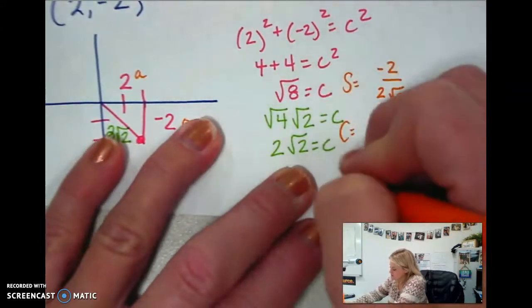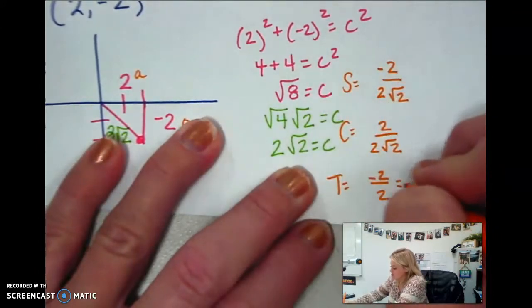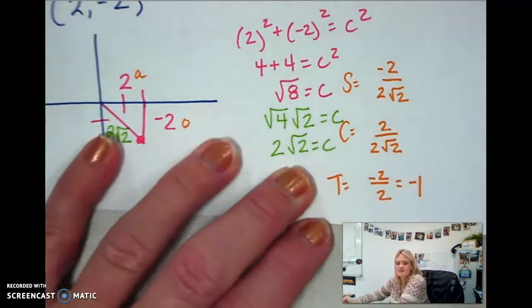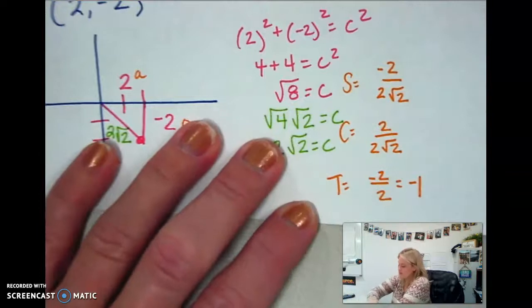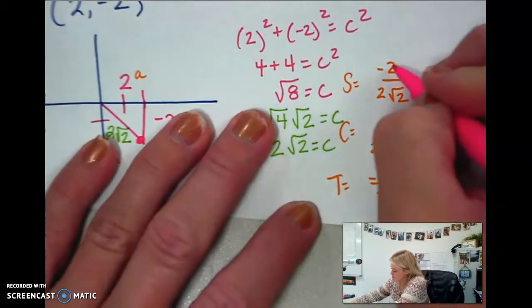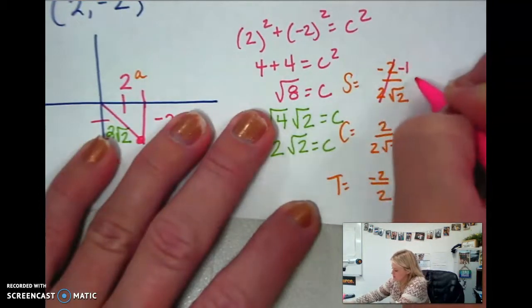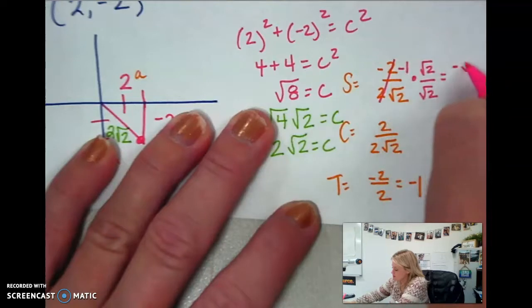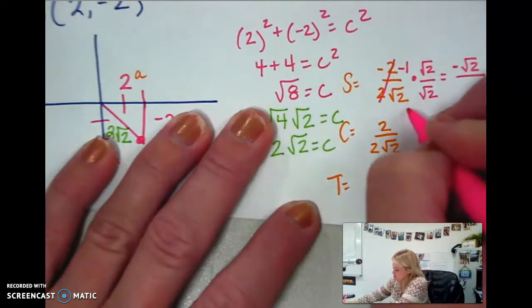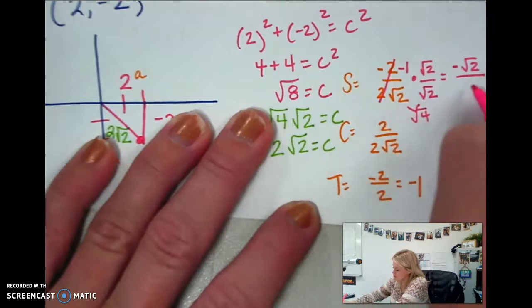So let's review how to rationalize. Tangent's easy. A negative 2 divided by a positive 2 is negative 1. Sine is negative 2 over 2 square root of 2. When I simplify this, I can reduce this to negative 1 over square root of 2 and then multiply both top and bottom by the square root of 2. Negative 1 times the square root of 2 is negative 1 square root of 2. Square root of 2 times the square root of 2 is the square root of 4, which is 2.